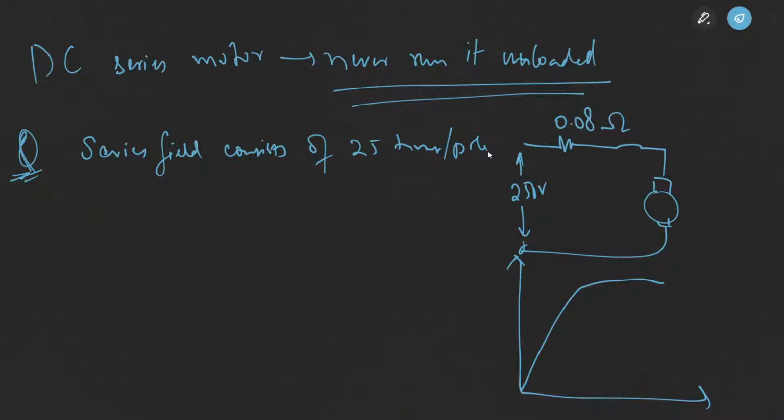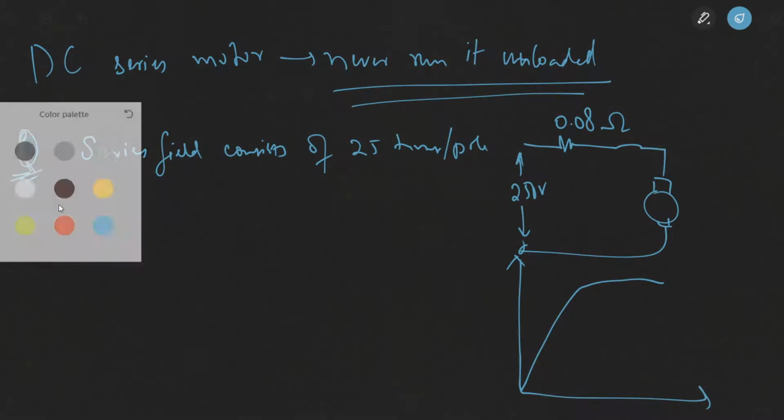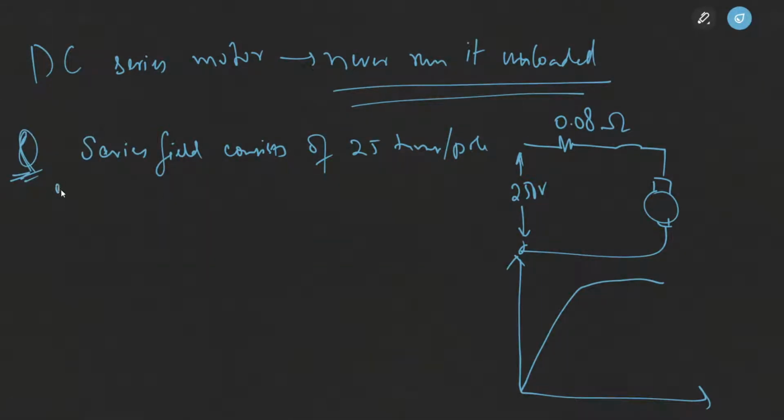So find the speed and induced torque of this motor when its armature current is 50 amperes. So we have to find speed and induced torque for IA equal to 50 amperes.